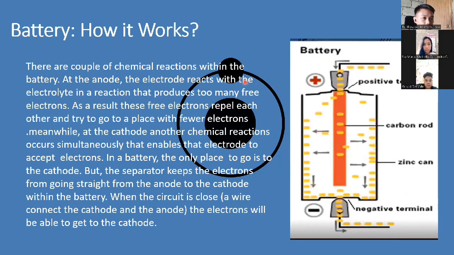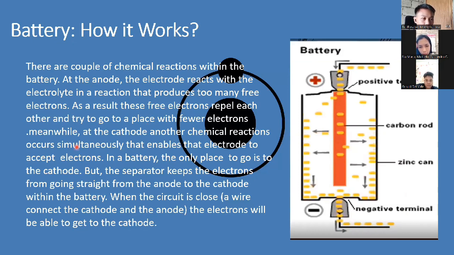So how does it work? There are a couple of chemical reactions within the battery. At the anode, the electrode reacts with the electrolyte in a reaction that produces too many free electrons. As a result, these free electrons repel each other and try to go to a place with fewer electrons.